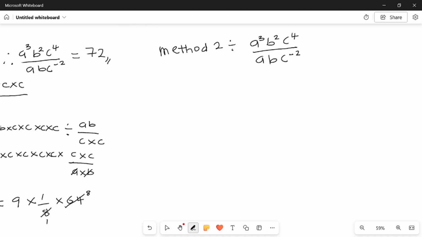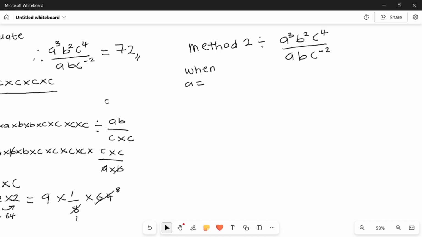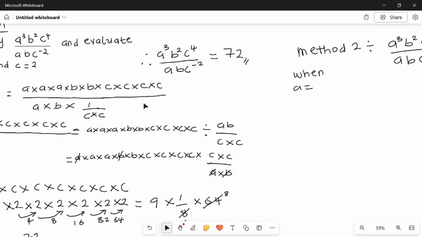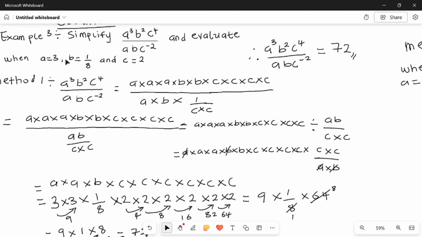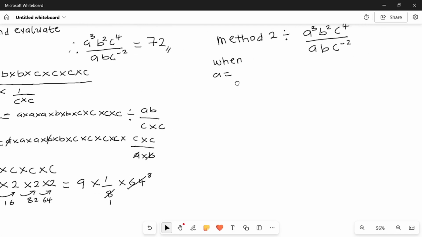When A equals to 3, B equals to 1 over 8 and C equals to 2. So let's write it here.